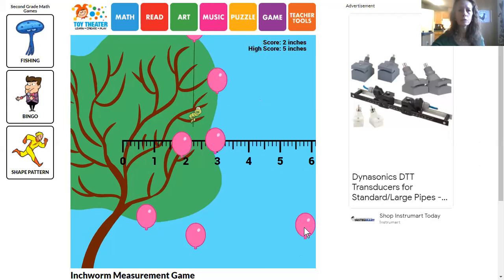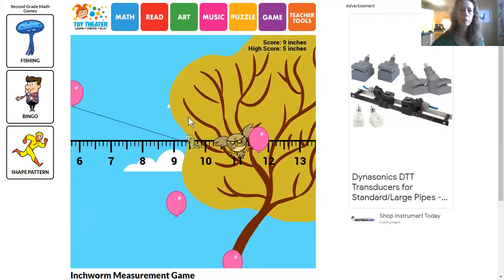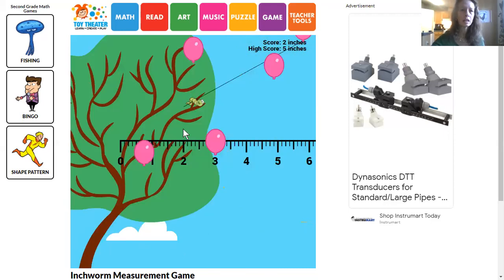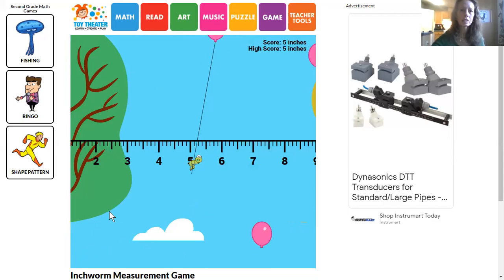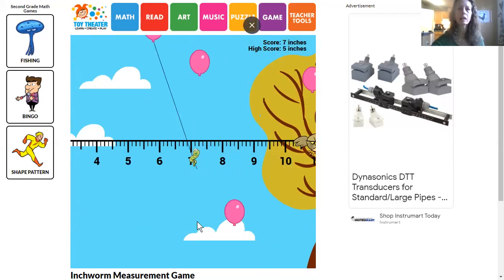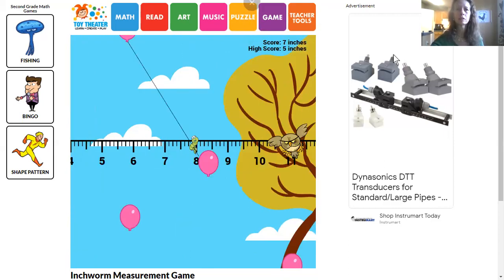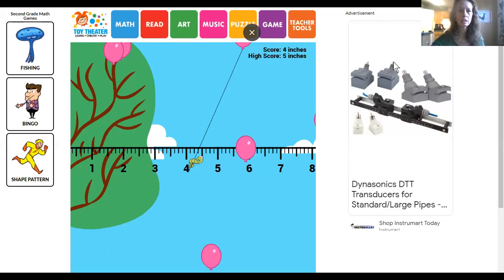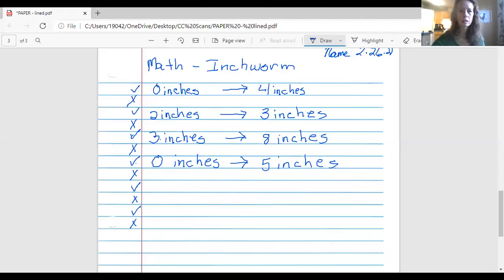Let's do that balloon. Whoa, that one he went from 10 to the 2. 2 to the 10. Wow, that was a good swing. Let's write it down. 2 to the 10. Okay. Here we are.